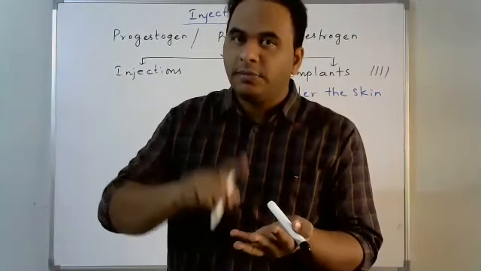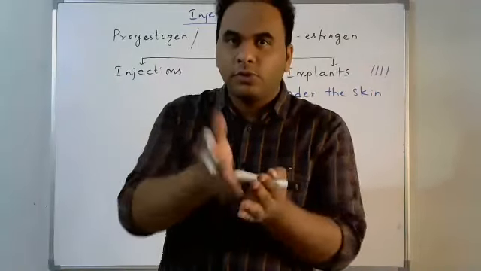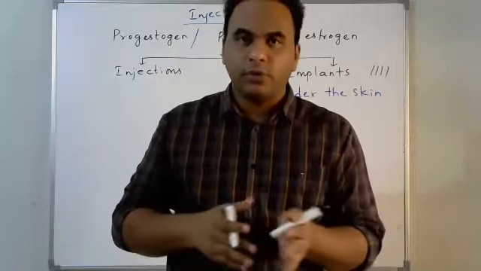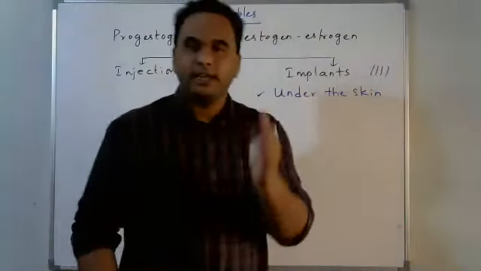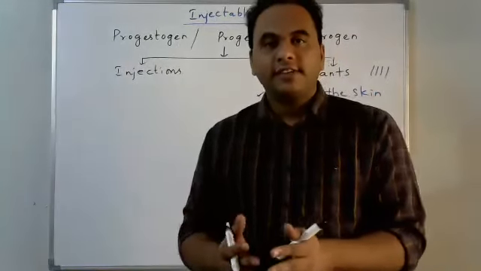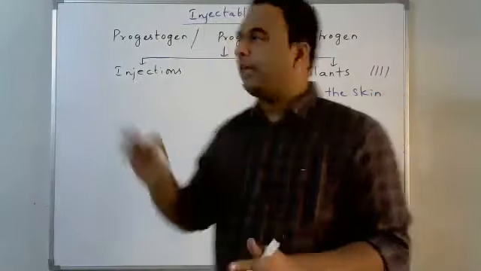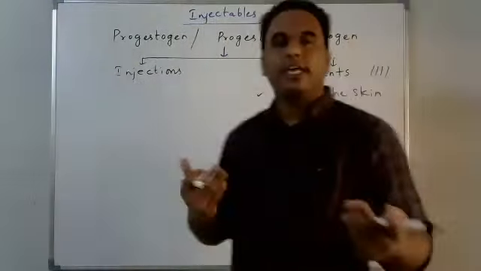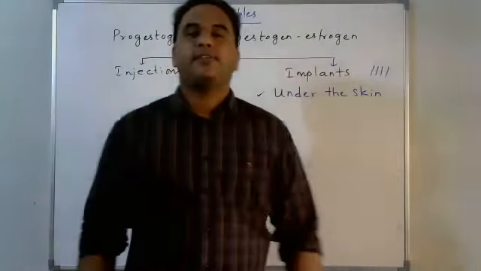Inhibit ovulation, inhibit implantation, and increase the cervical mucus to retard the entry of sperm. Same effects because same drug combinations. The only thing is, in oral route the tablets are taken, but here injections and implants are taken.